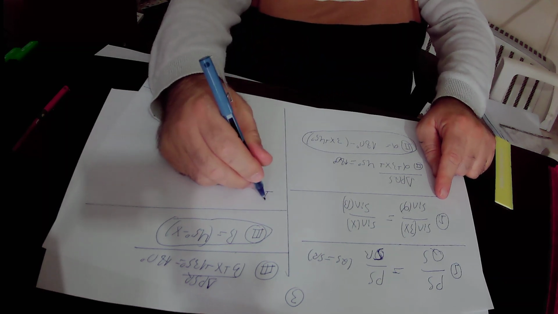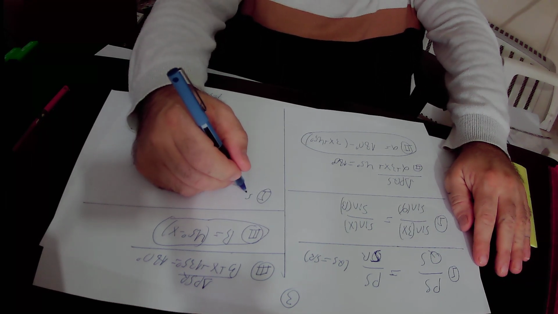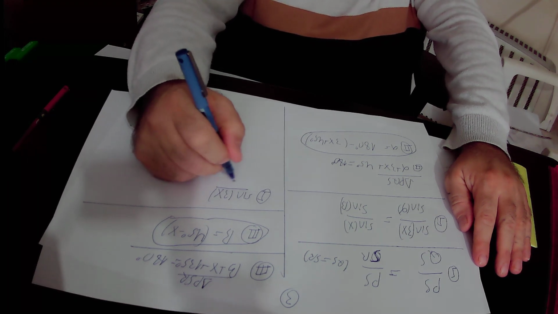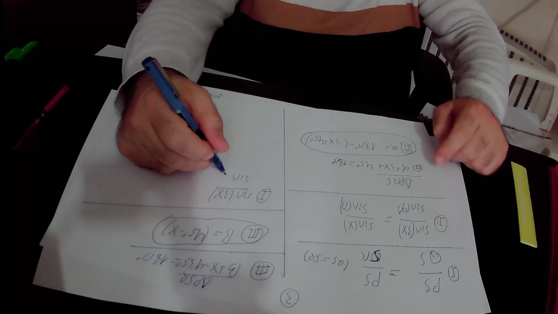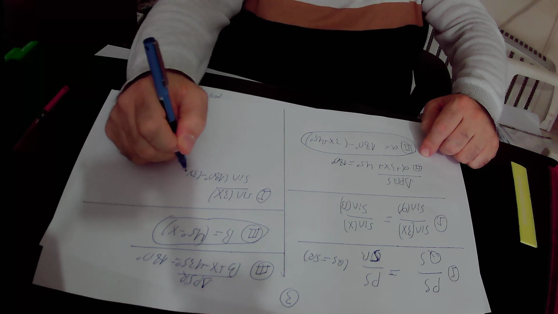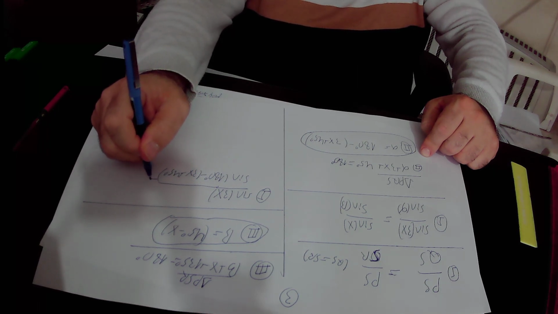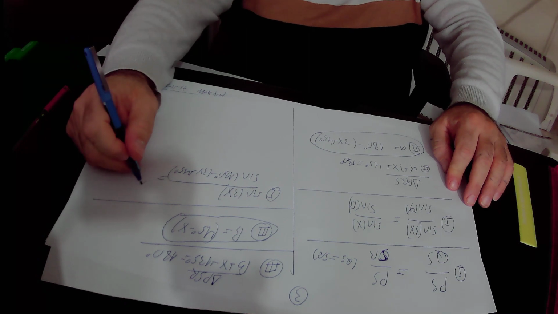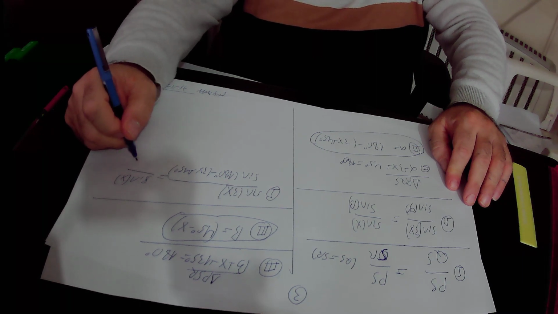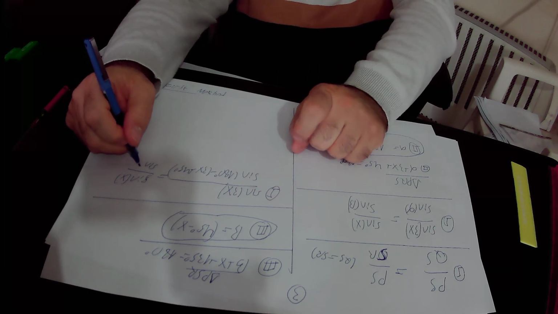So we will do it now, and we will get that according to equation number 1, sine 3x over sine alpha, and alpha according to equation number 2 equals 180 degrees minus (3x plus 45 degrees), equals sine x over sine beta, and beta according to equation number 3 equals 45 degrees minus x.